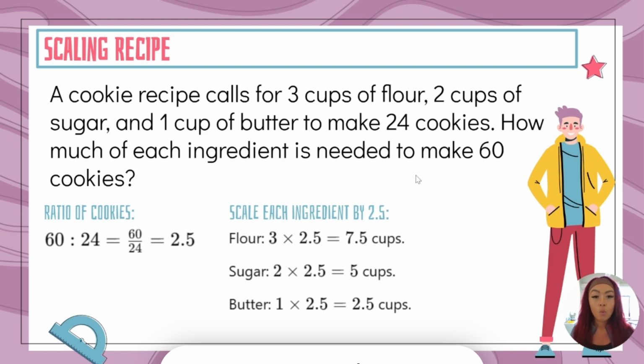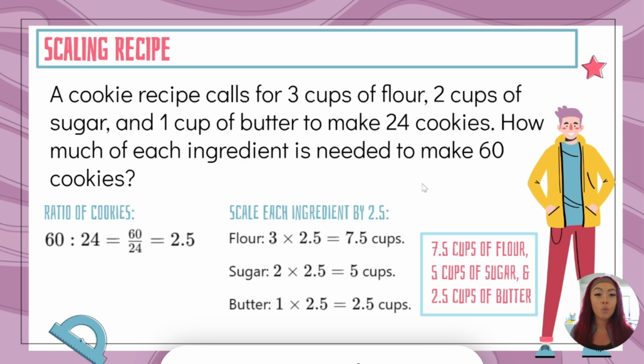For sugar, we'll take our 2 cups, multiply it by 2.5, and we get 5 cups. For butter, we'll take our 1 cup and multiply it by 2.5, and we get 2.5 cups. So we'll need 7.5 cups of flour, 5 cups of sugar, and 2.5 cups of butter to make 60 cookies.